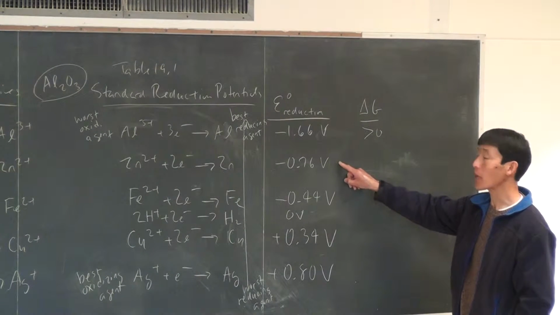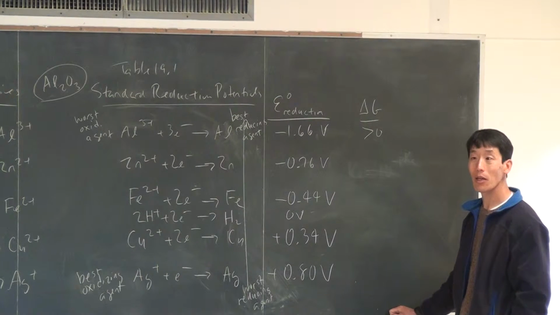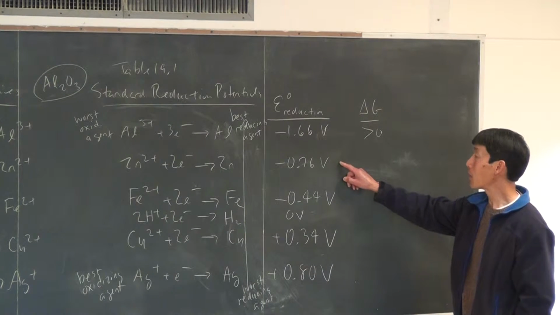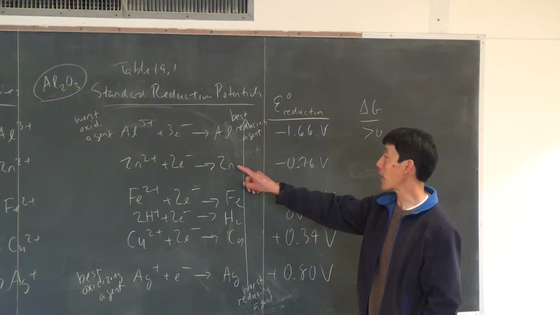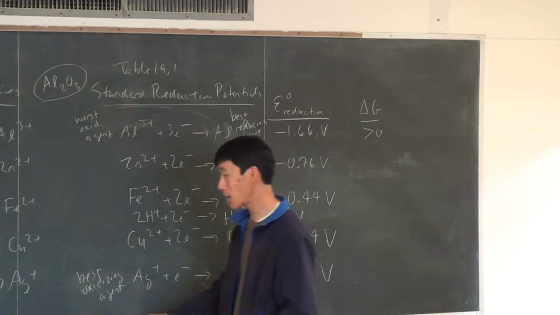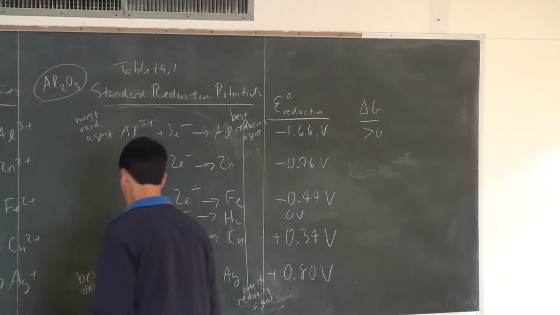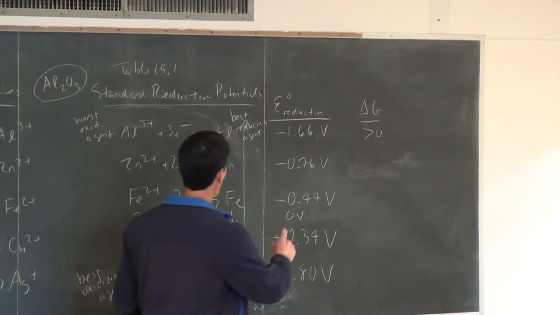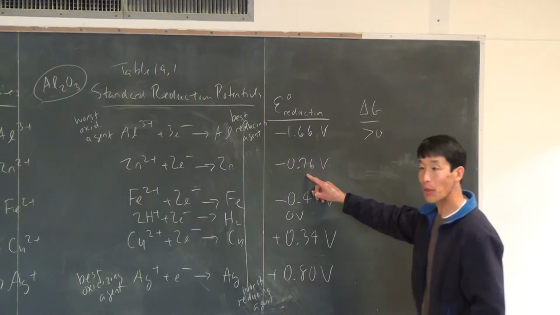So the voltage from a zinc iron battery can't be negative. For batteries, it's got to be positive. Okay, so if zinc is going to be your anode, zinc is going to be oxidized. So what we want to do is change the sign from minus 0.76 to plus 0.76.